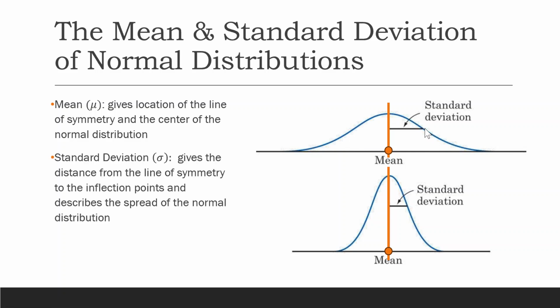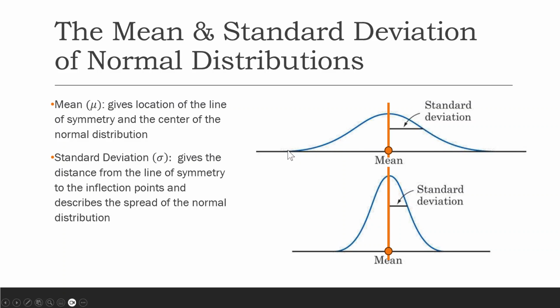Our standard deviation sigma gives the distance from the line of symmetry to the inflection points, and it describes the spread, or how wide or how narrow our normal distribution is going to be. Now, inflection points is actually some calculus terminology. What does that mean? Well, I'm going to look at this normal distribution at the top.